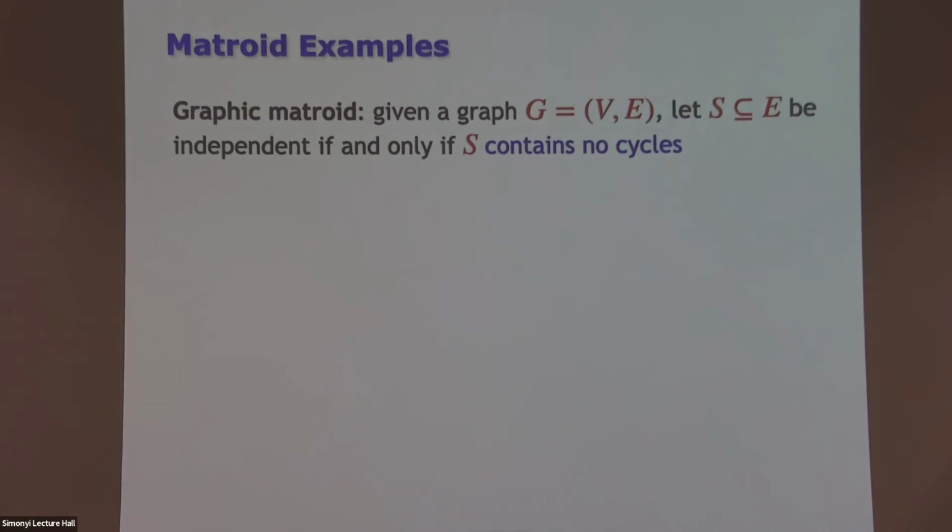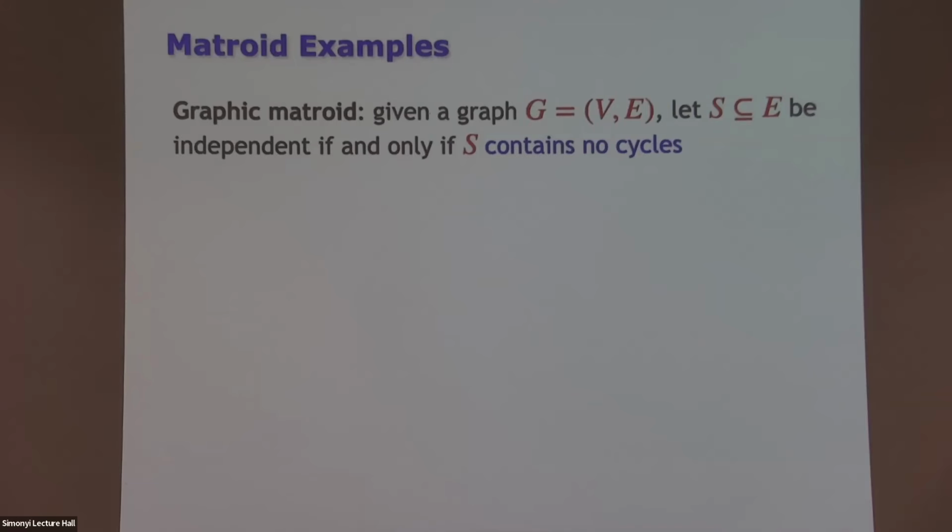At first glance, it might not seem obvious why these are the definitions and notions of independence that we care about. But it turns out that there are many examples of matroids that arise in theoretical computer science. One of the most canonical examples is the graphic matroid. Here, you're given a graph G with vertices V and edges E. You can define a matroid over the set of edges in this graph.